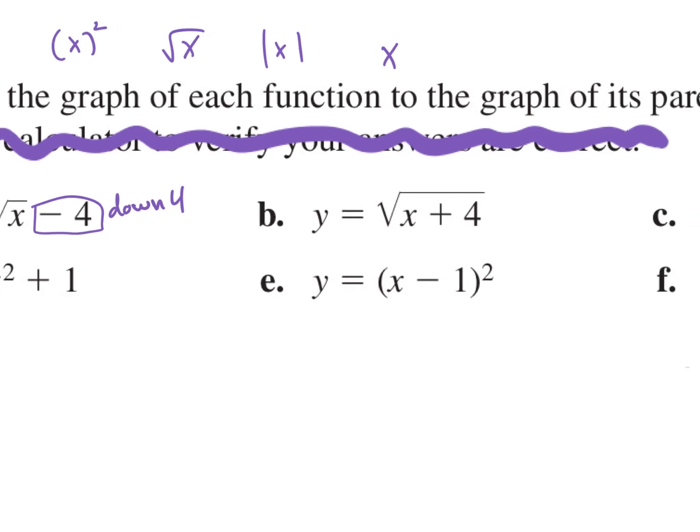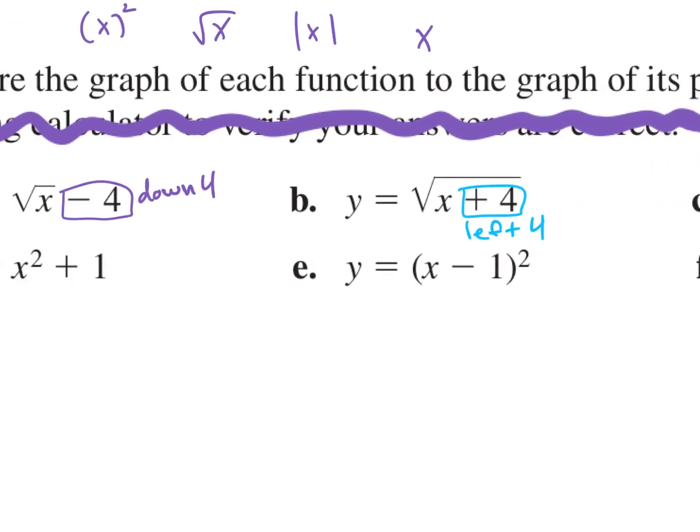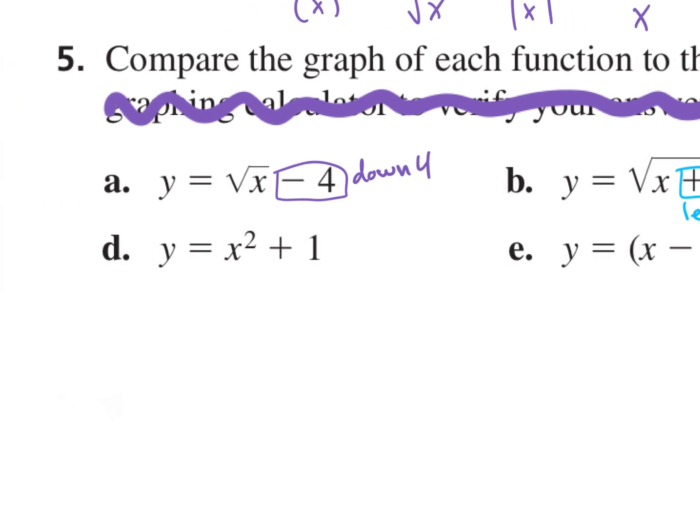For b, when we add 4 on the inside, what does that do? Left 4. For c, when we multiply by a negative on the outside, what does that do? A reflection on the x-axis. For d, when we add 1 on the outside, what does that do?